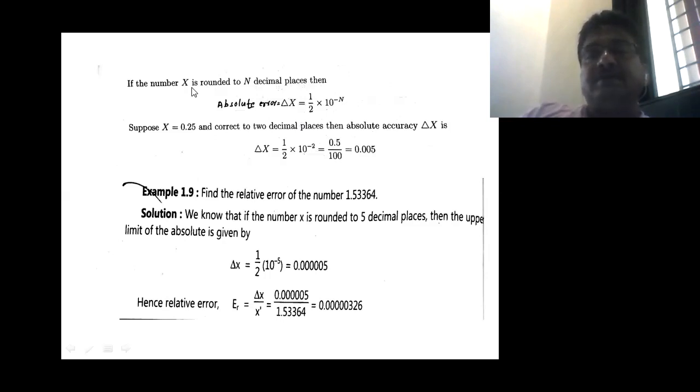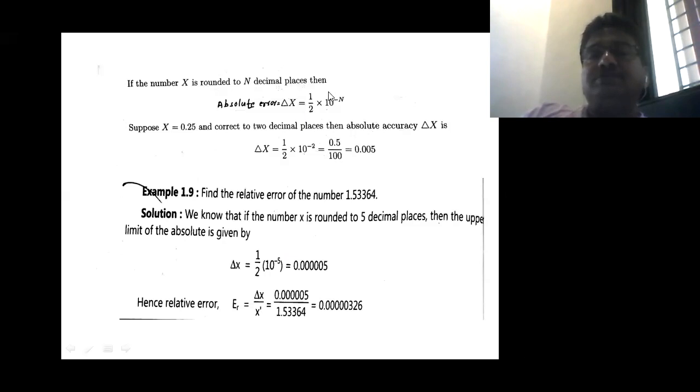N is the decimal places, rounded to decimal places. So this is the formula. If the number is rounded to n decimal places, then what is the absolute error or upper limit of the absolute error? 1/2 into 10 raised to minus n.